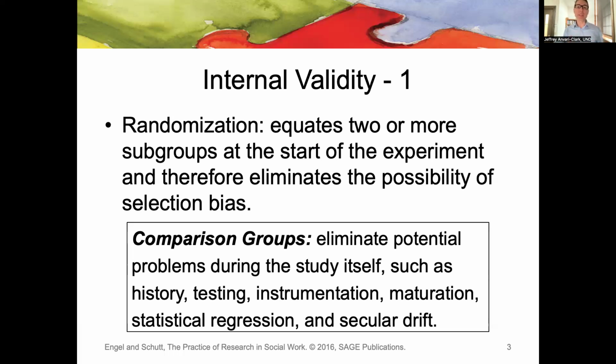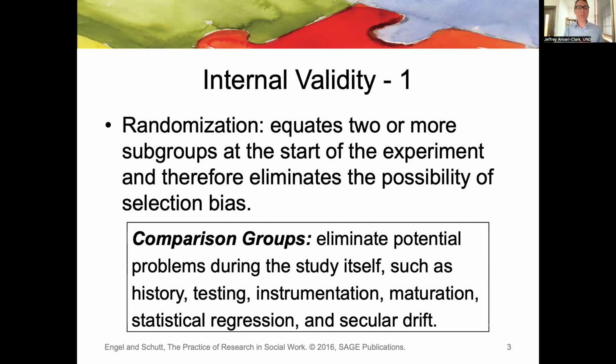The benefit of having two groups is that one theoretically gets the new treatment, and the other would either get no treatment or get the treatment as usual, or the TAU.